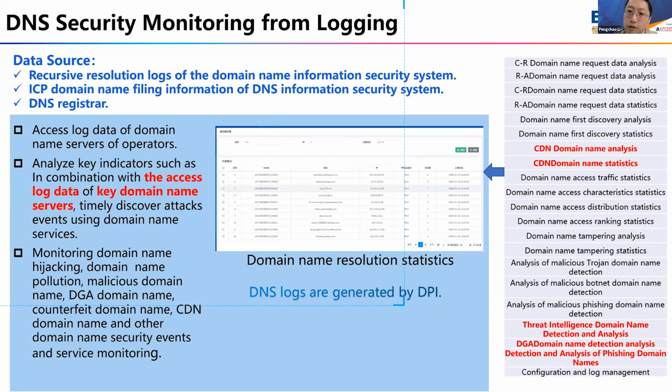And for DNS security monitoring from logging, especially, it can gather information of recursive resolution logs of the domain name information security system, or say DNS logging recorded by a DPI sensor. For the DNS information security system, if possible, it needs to be synchronized from the DNS registrar. The DNS monitoring logs collect the access log data of domain name servers of operators, through data collection like DPI or NDR, network detection and response.